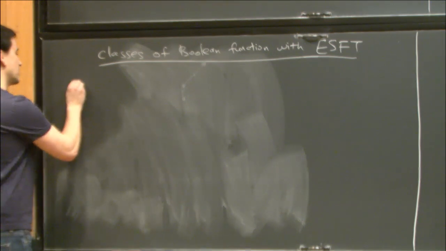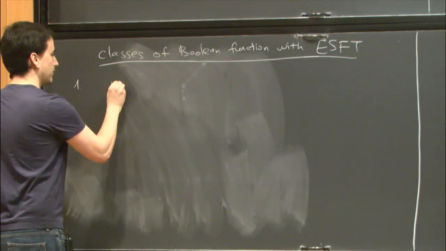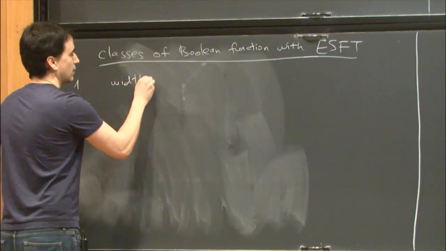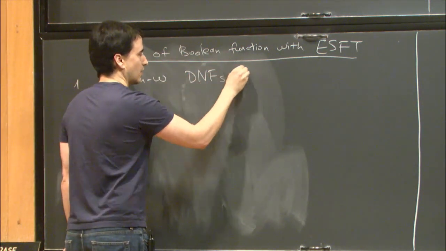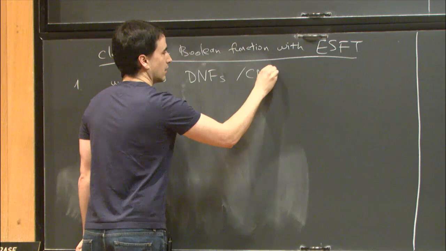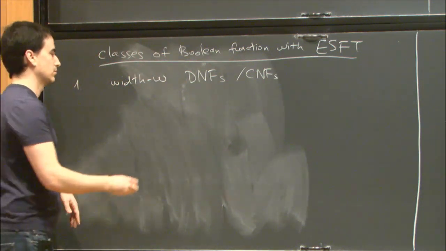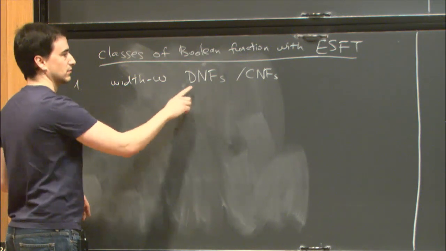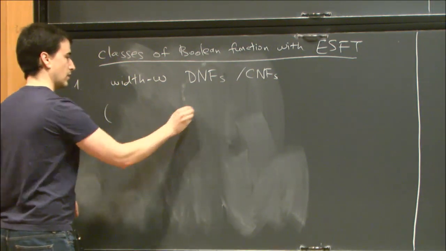And the first example is what are called width-w DNFs or CNFs. So what are these objects? Let's show what a DNF is.